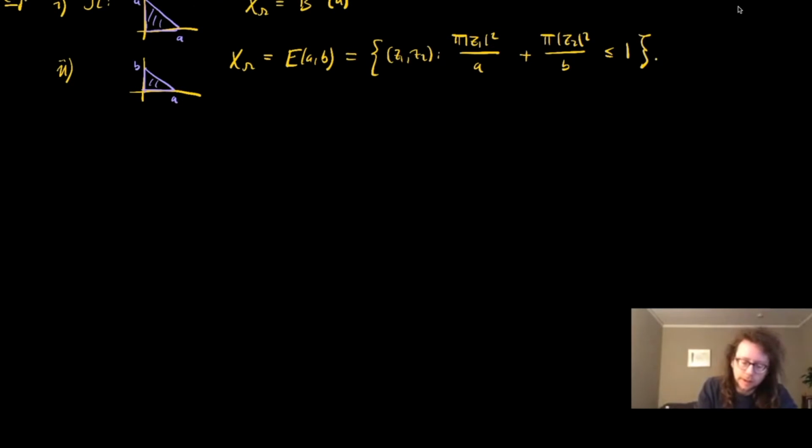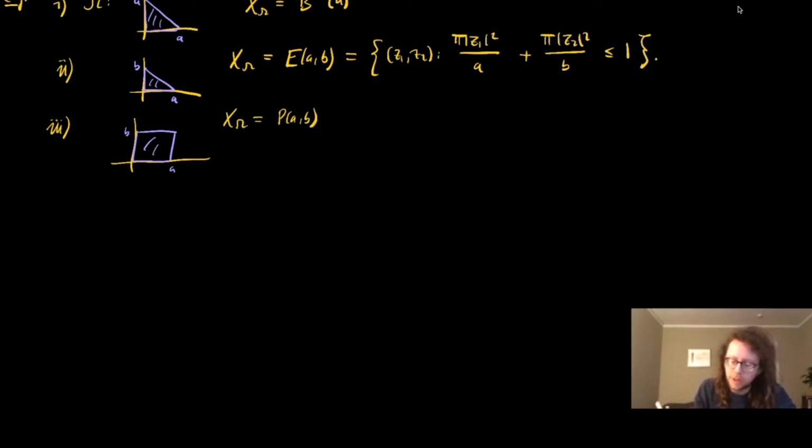Okay, and then kind of the last example, which I'm going to refer back to at various points, if I pick a rectangle, I get a so-called polydisk. Okay. So there are lots of classic ones one can get.